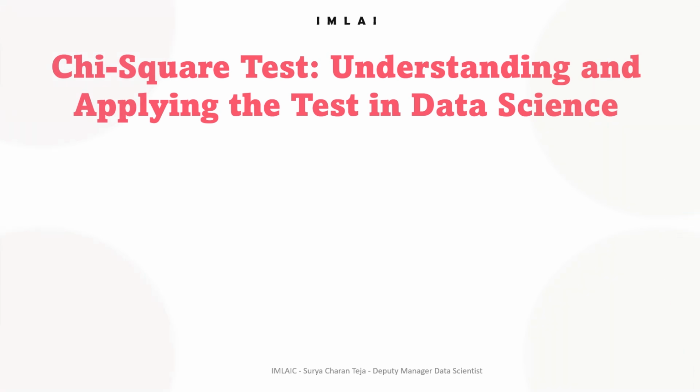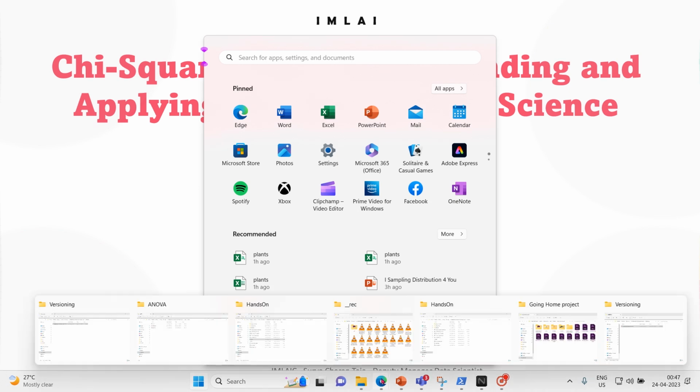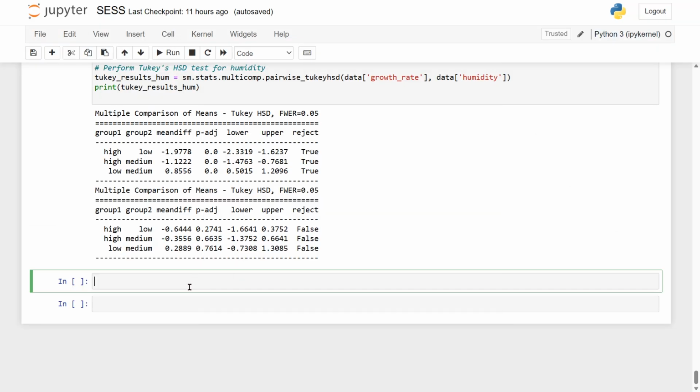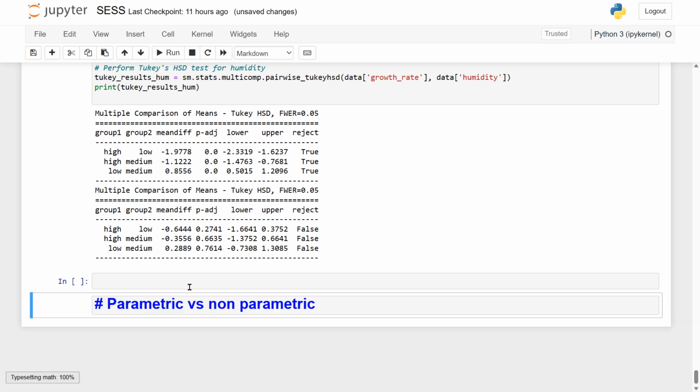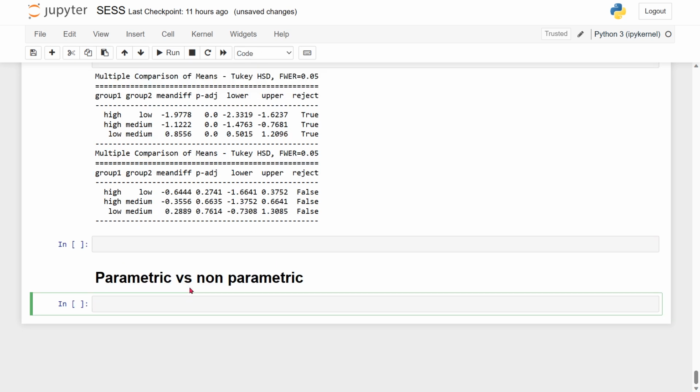Non-parametric test means it does not assume any specific distribution of the data. Let me write it down. There are two types, parametric versus non-parametric. Most of the tests are parametric.